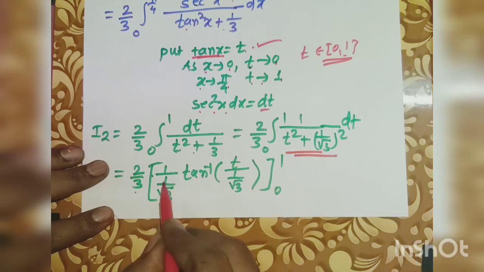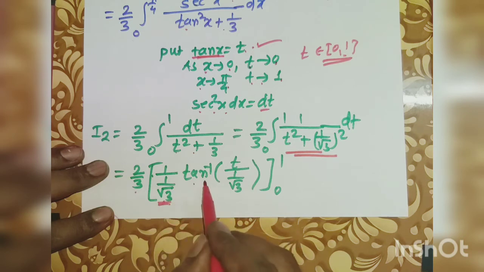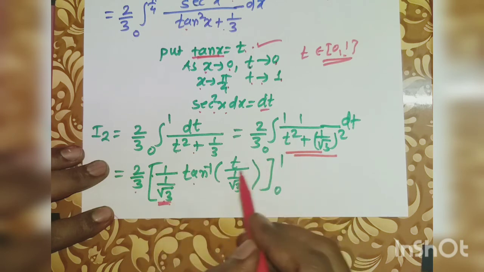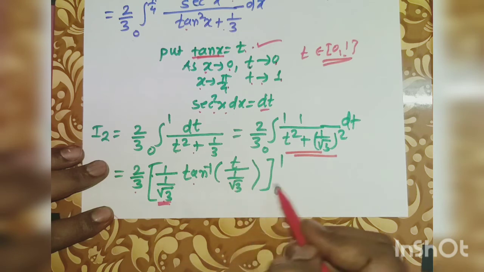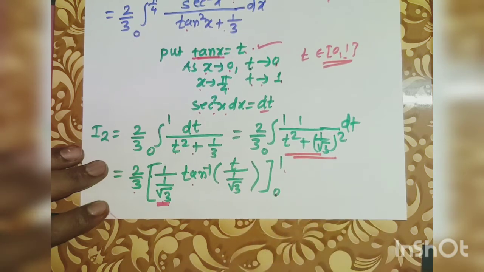Here a is 1 by root 3, so 1 divided by 1 by root 3 is root 3. Tan inverse of t divided by 1 by root 3, with lower limit and upper limit.